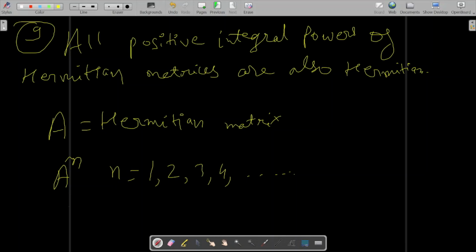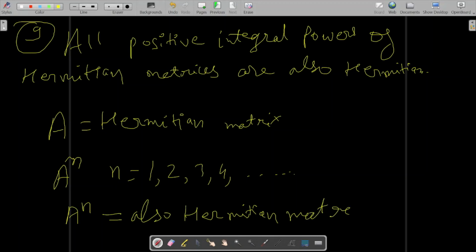A to the power n is also a Hermitian matrix. So prove it yourself.